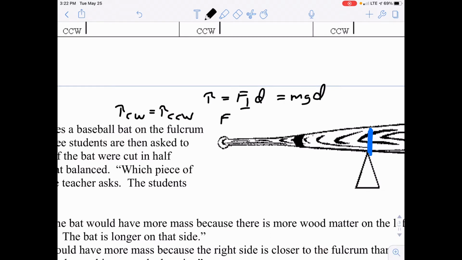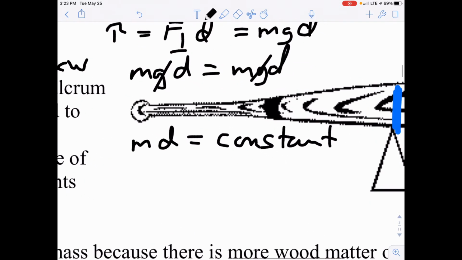So you might end up with mgd equals mgd. You see the g's end up canceling, so it's really just mass times distance. So if the torque is balanced and mass times distance is constant, that basically means greater mass, lower distance. Lower mass, greater distance.